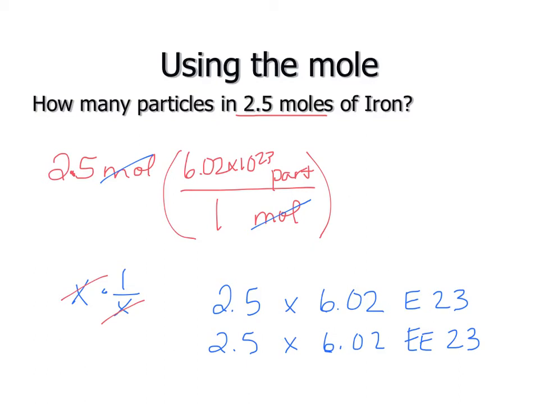So when you type that into the calculator, you're going to get an answer that looks like, depending on your calculator, it may write in times 10 for you, which is helpful, but if your calculator spits out something like this, 1.505 E24, what that E means is times 10, and the number that follows goes in the superscript of the 10.